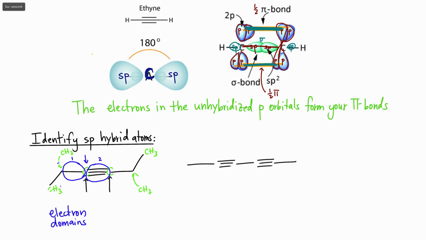This is two electron groups, so that makes that sp. Now for this carbon, this is one electron group, that triple bond, and that single bond, that's two electron groups. So for this carbon, that's sp. So these two are sp hybridized.